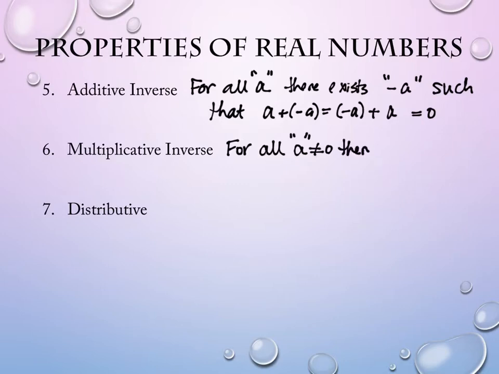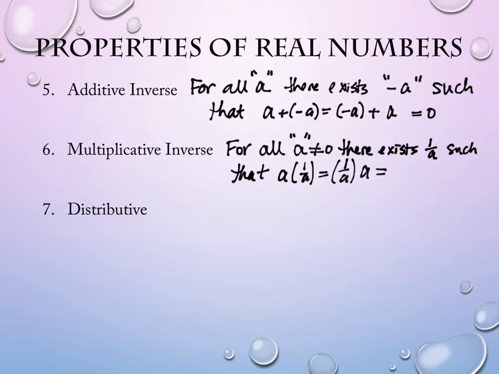There exists 1 over a such that a times 1 over a, or 1 over a times a, is equal to 1. And I hope as you're looking at that, you can see why 0 doesn't work. If it followed this pattern, then we would be talking about the number 1 divided by 0, and 1 divided by 0 is an undefined value, because division by 0 is an undefined operation.